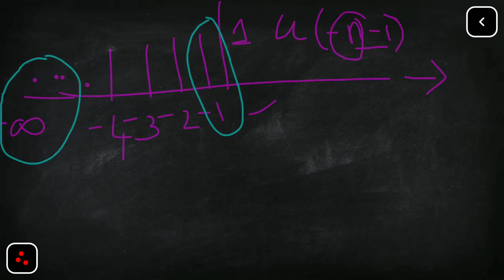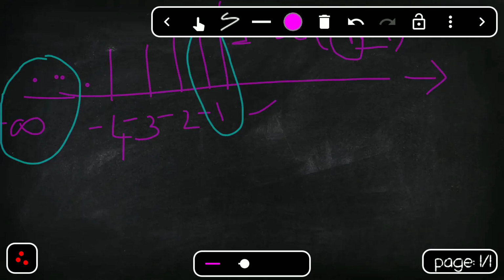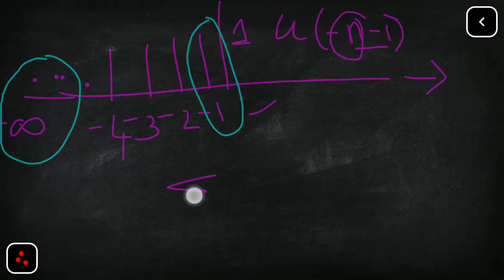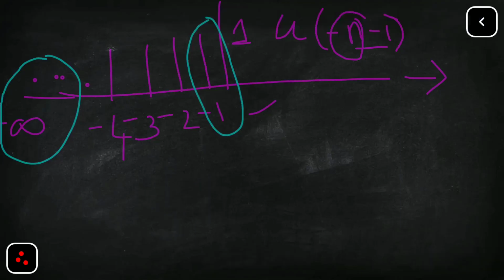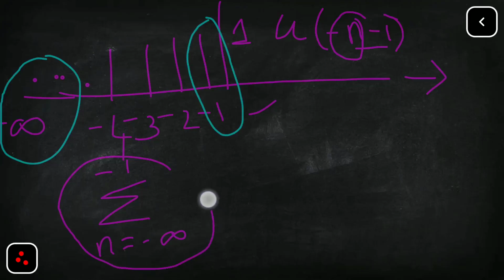So my range becomes the summation of n equal to minus infinity to minus 1. So this is your summation now, right? Yes. So to eliminate u of minus n minus 1, first you have to do this particular signal process.